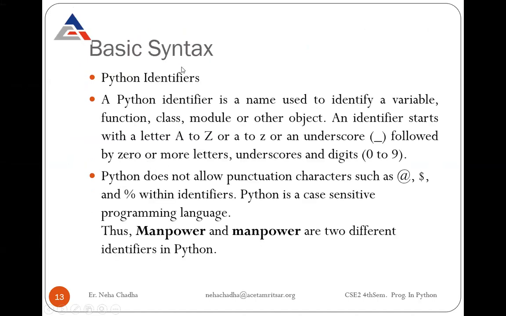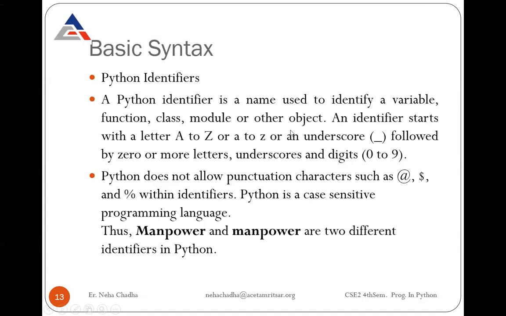Basic syntax for Python. First is the Python identifiers. Okay. A Python identifier is a name. You are clear with what an identifier is, which identifies your program, which identifies your variable. A Python identifier is a name used to identify variable, function, class, module, or any other object.